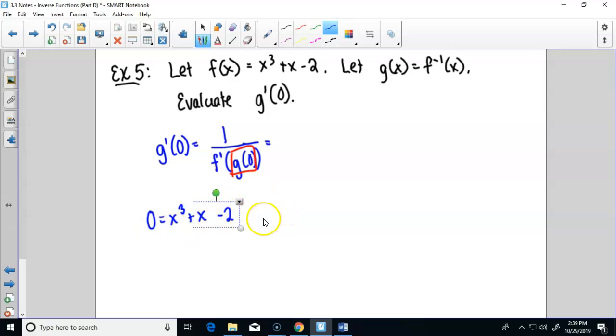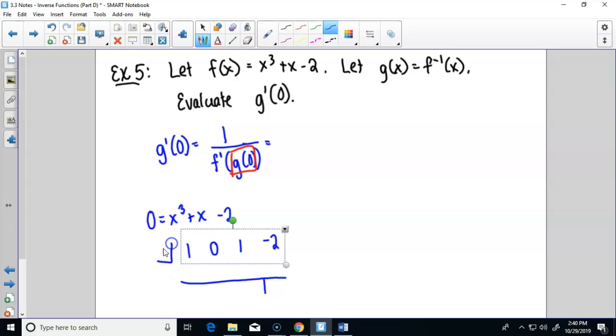And this is one we'll have to use synthetic division, but the good thing is your coefficients are going to be 1, 0, 1, and negative 2. Can anybody tell me one right away that they know will work? 1 will work. And how do we know 1 will work? If we add all the coefficients and they equal 0, then 1 is going to work.